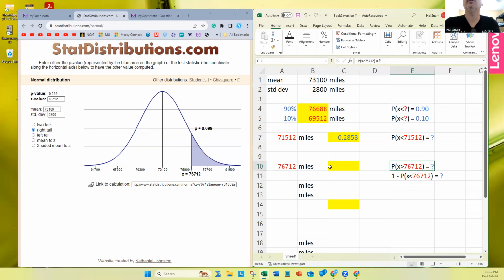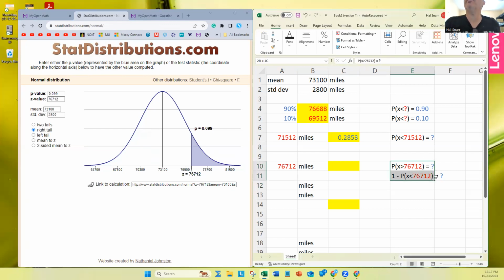This right here is the blue area. This right here is the white area. So if the blue area is 0.099 or really close to 0.1, this is going to be really close to 0.9, right? And remember, 1 minus 0.9 is 0.1, right? So these two things are the same.